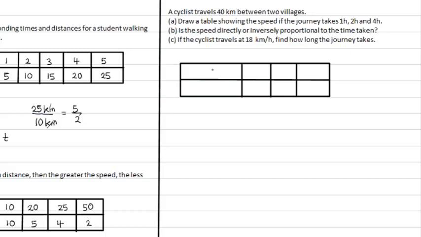Okay, we've drawn the table already now. This is the time. Since everything is in hours here, our unit here will be hours, and here will be our speed, in kilometers per hour.